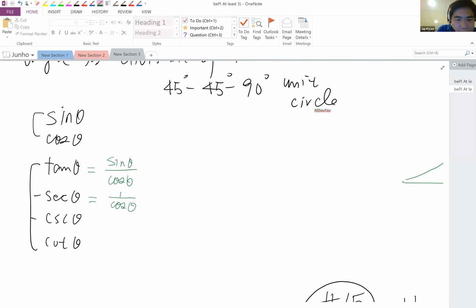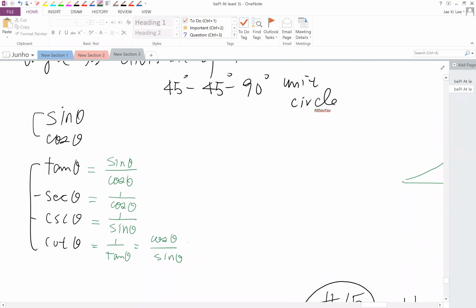Cosecant theta means 1 over sine theta. Cotangent means 1 over tangent theta. In other words, cosine theta over sine theta basically.